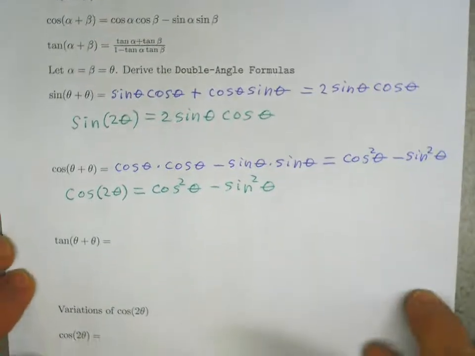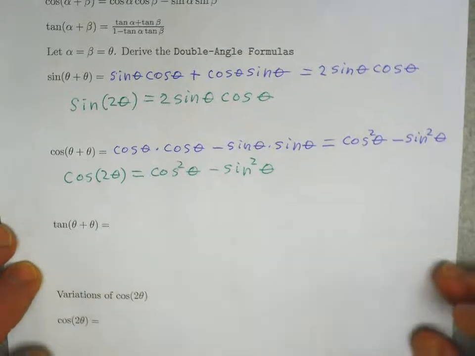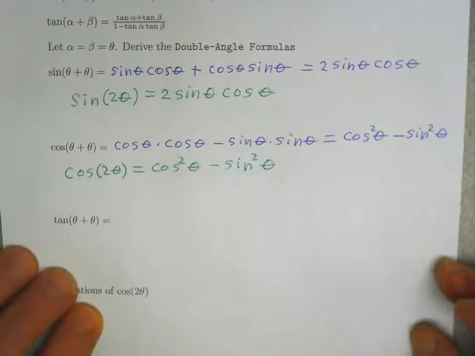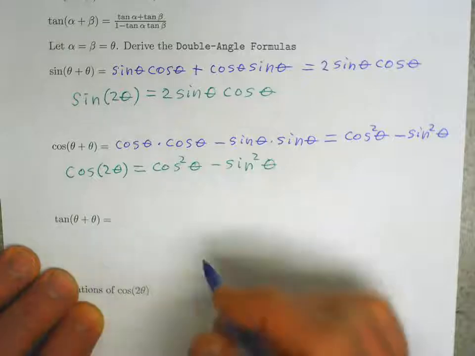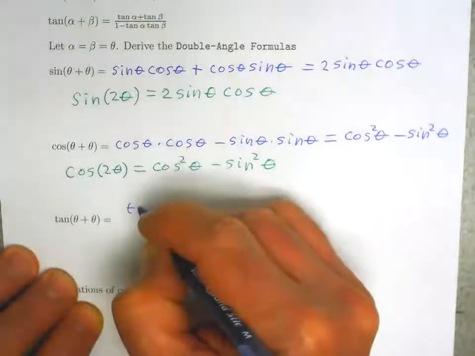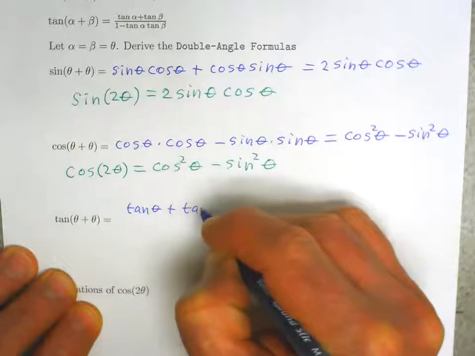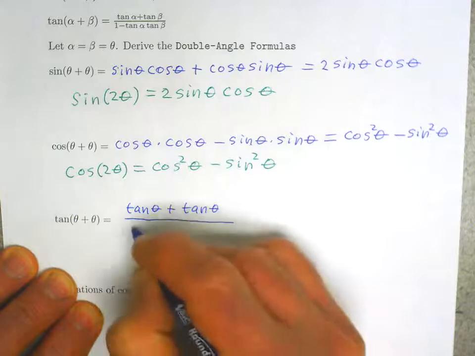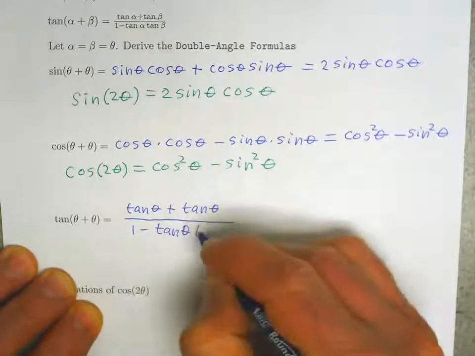Okay, the next one, tangent of theta plus theta, or tangent of 2 theta. So we remember the sum formula for tangent. In the numerator, we have tangent of theta plus tangent of theta. And in the denominator, we have 1 minus tangent of theta times tangent of theta.